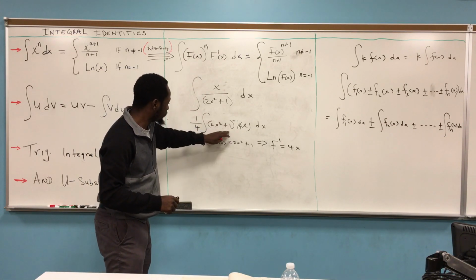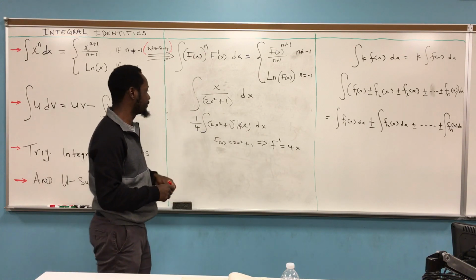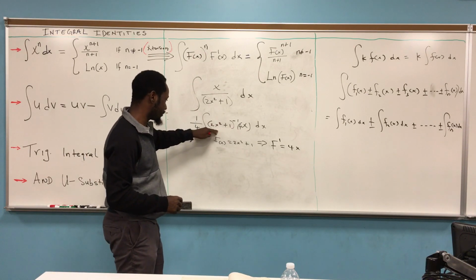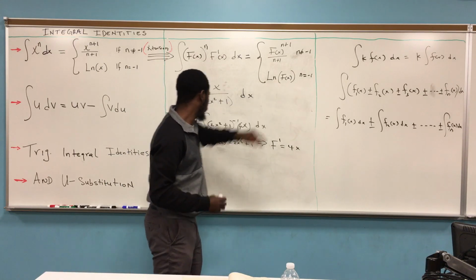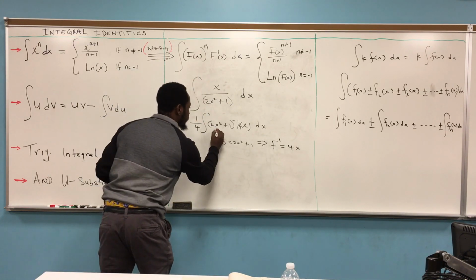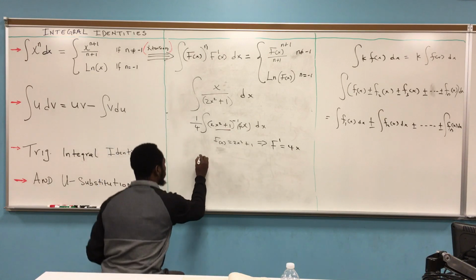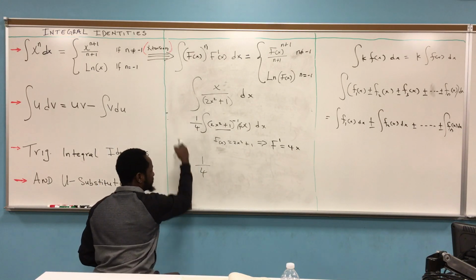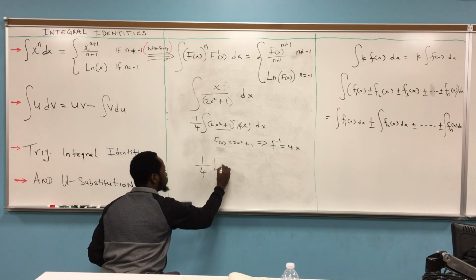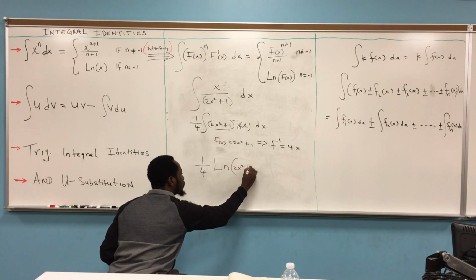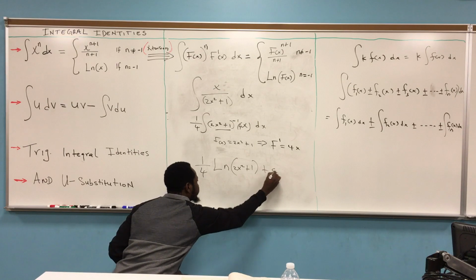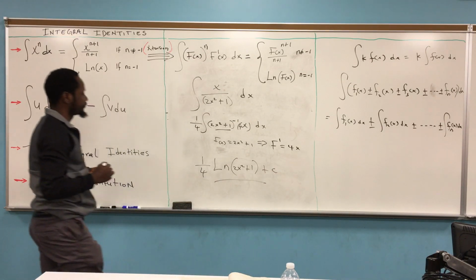Now, the derivative of this is this. The exponent is what? Negative 1. So it should follow this. That means since the derivative of this gives this now, whatever is outside, you still have to write it. It is just going to be natural log of that function, 2x squared plus 1.